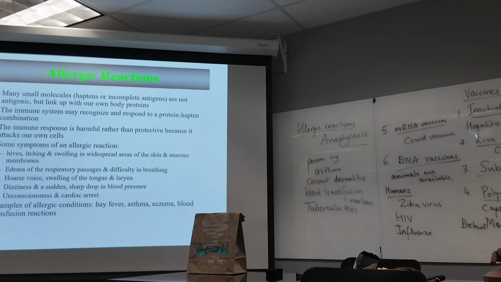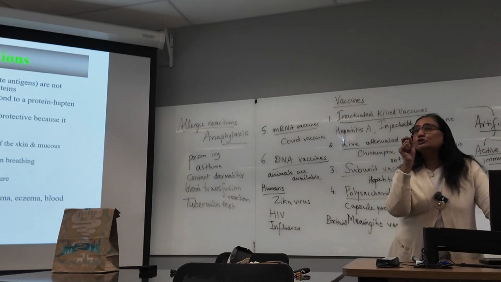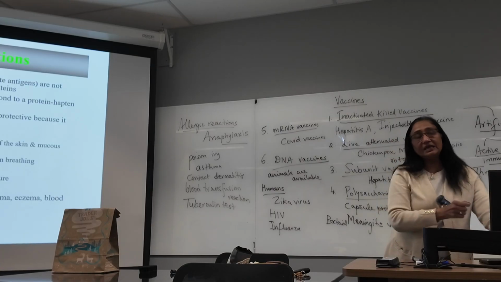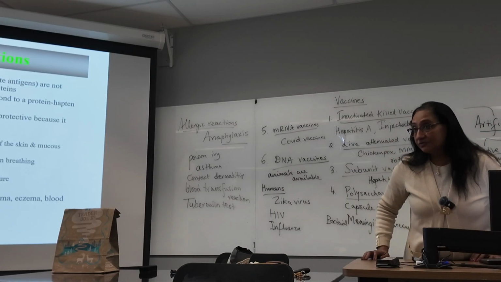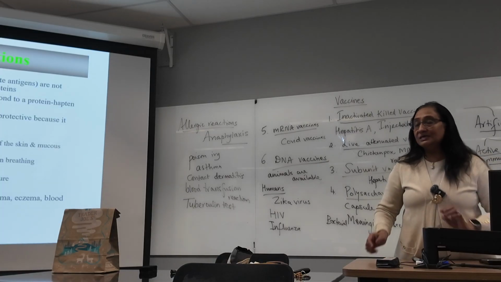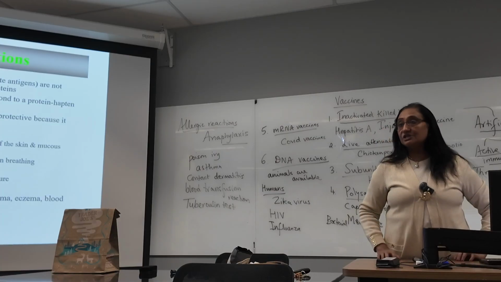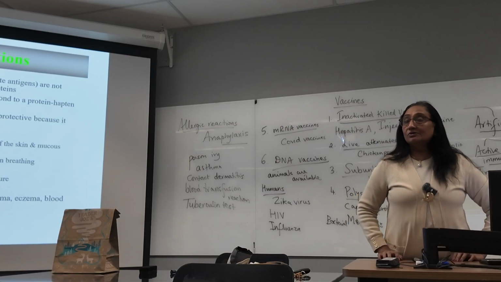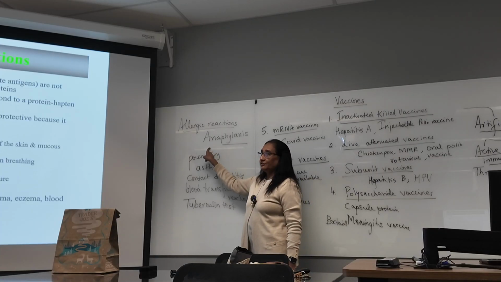Yes, so they actually inject a piece of the tuberculous bacterium under the skin, and then they ask you to wait for about 24 to 48 hours, and then they see whether you have a rash or a swelling. They measure the diameter of the rash. So that is also a part of this type of reaction.